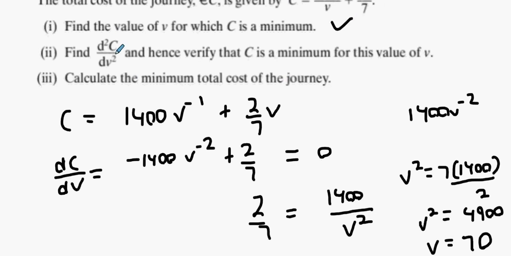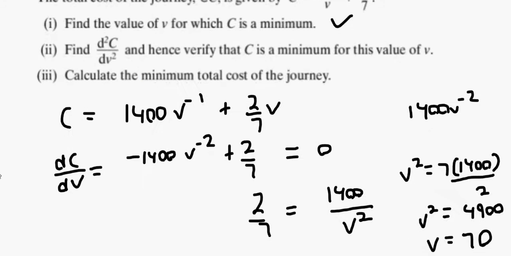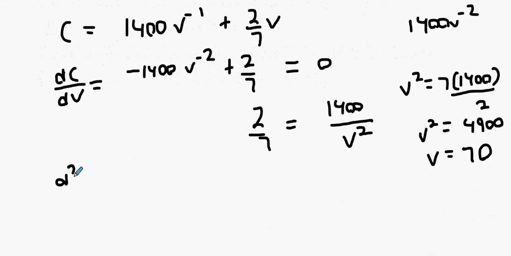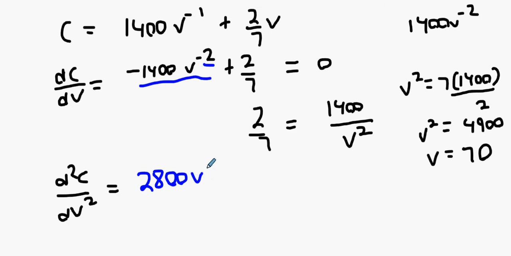Do the second derivative and verify it is a minimum. Alright, Killian, what's the second derivative? 1,400 multiplied by minus 2 by minus 1, 2,800 v to the minus 3, plus 2/7.